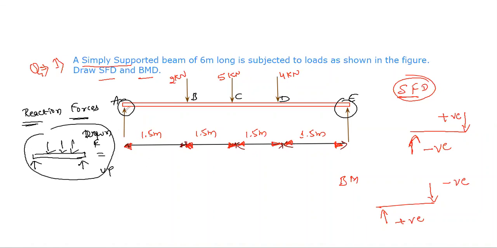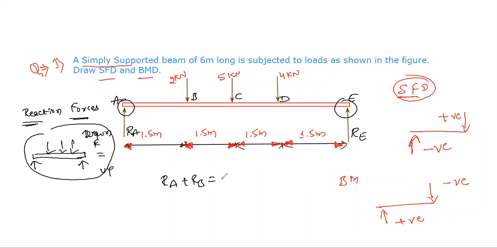So here we can write the reaction force Ra, and here the reaction force Re. The reaction forces Ra plus Re, which are nothing but upward forces, should be equal to the downward forces.